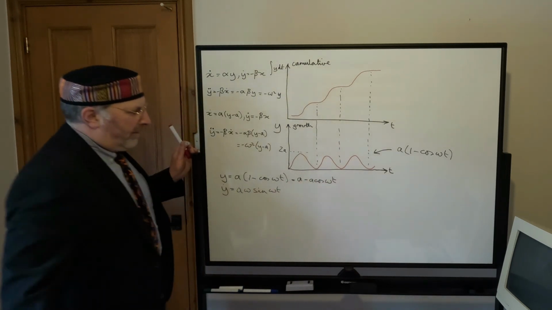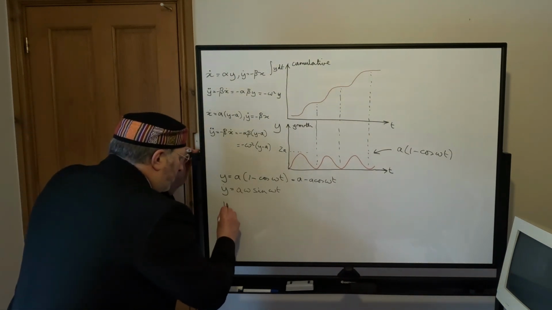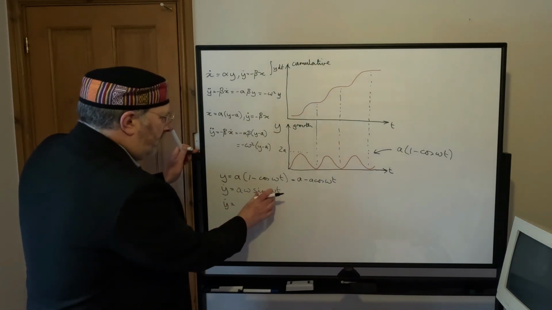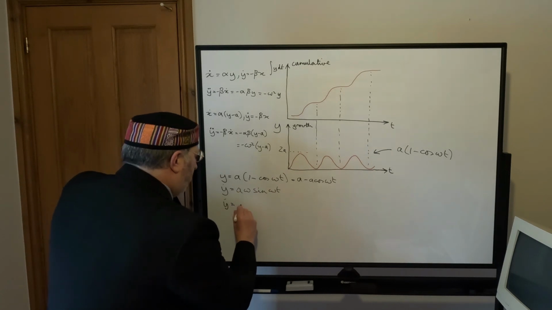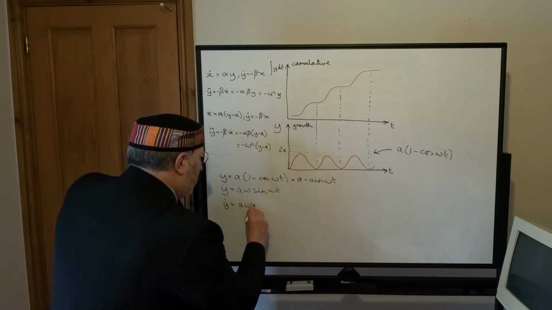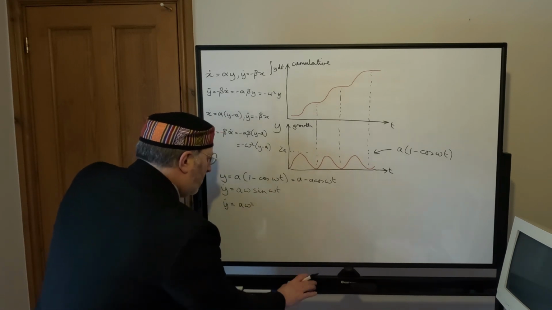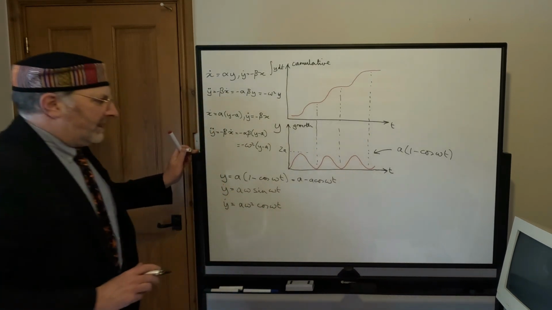So you've got that a omega sine omega t. And then y double dot equals sine goes to cosine, and another omega comes out. So we just end up with a omega squared cosine of omega t.